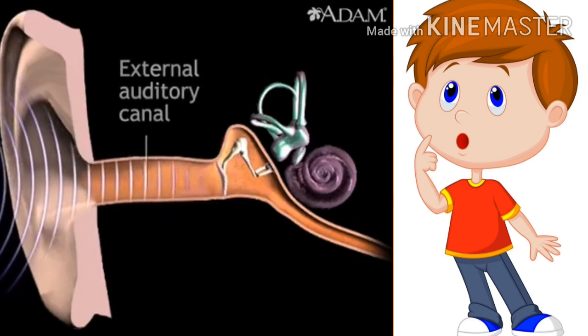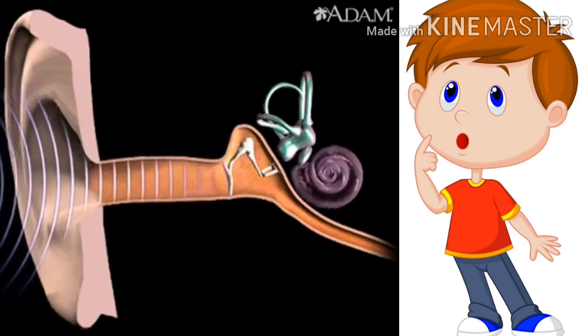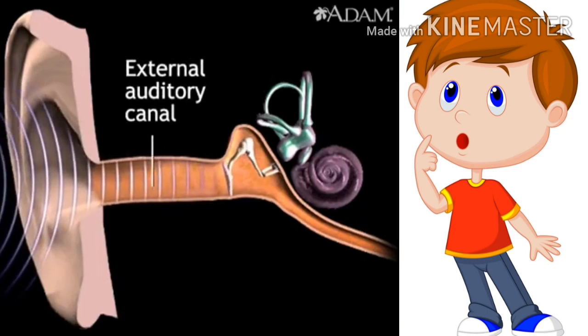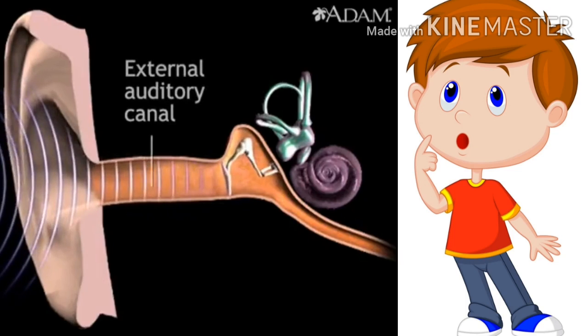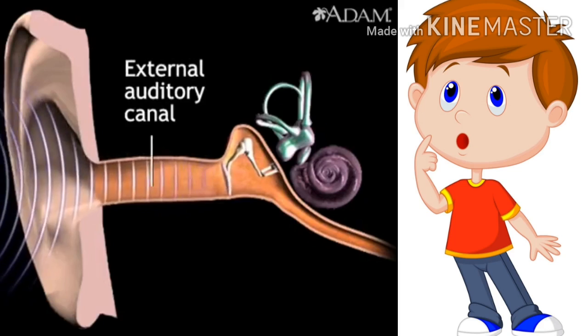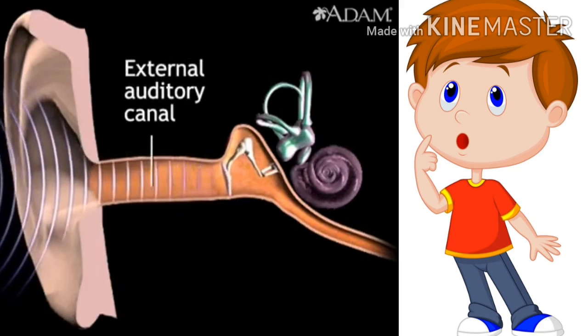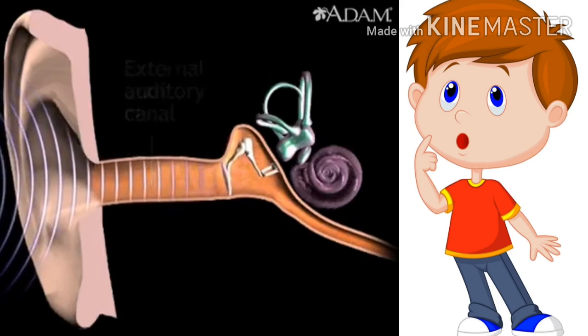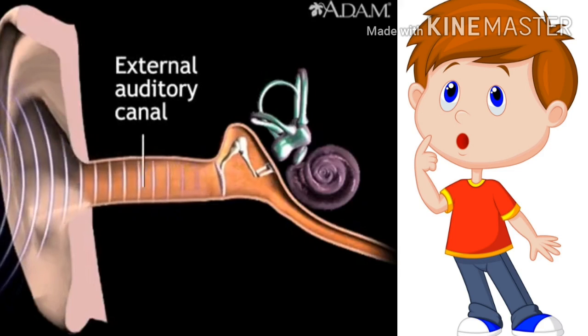So what will happen here? First, the sound will get into the outer part of the ear. From there it will go through the canal. There, at one end of the canal, we have the eardrum. The eardrum is nothing but a thin membrane. It is stretched across the end of the canal.